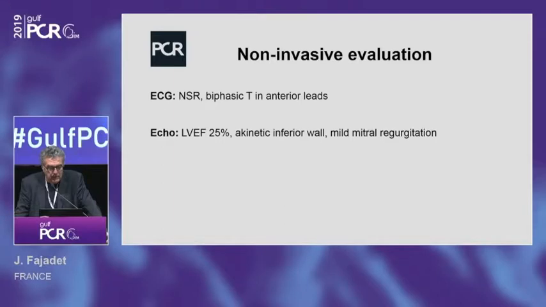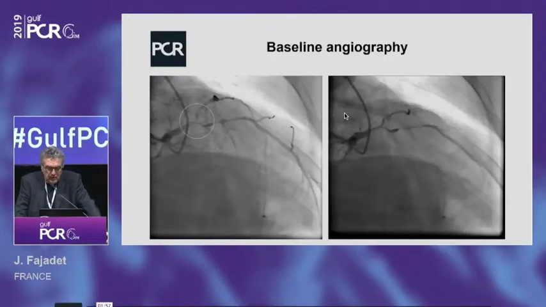When you look at the ECG when the patient was admitted, it was a normal sinus rhythm, but he has biphasic T waves in anterior leads. And the most important was the result of transthoracic echocardiography, which showed us a hugely impaired left ventricular function with LVEF at 25%, with an akinetic inferior wall and a mild mitral regurgitation.